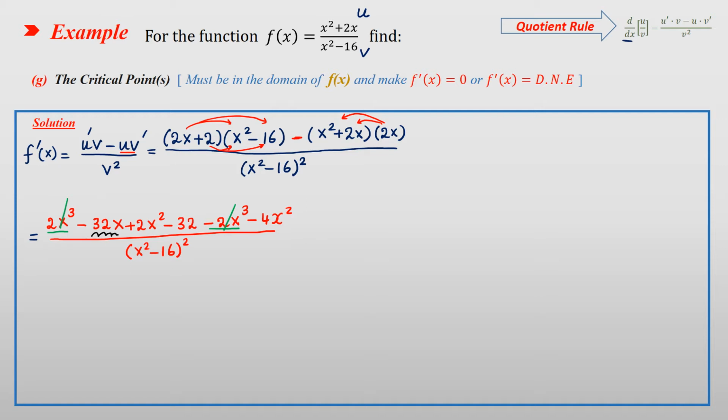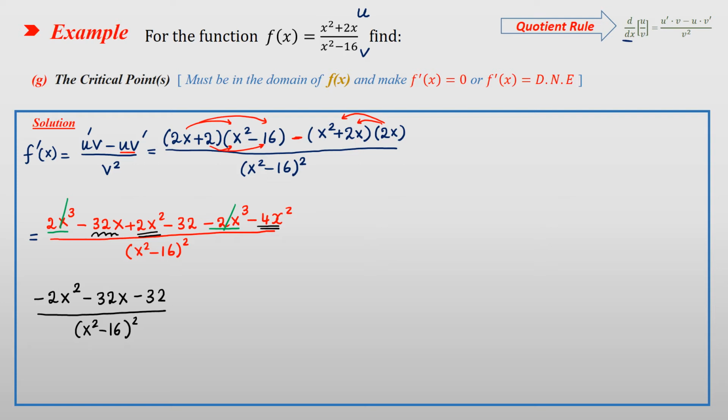We have 2x squared and negative 4x squared, and this equals negative 2x squared. We have only negative 32x as the x term, so we have negative 32x. Then we have only one constant, which is negative 32, divided by x squared minus 16 squared.